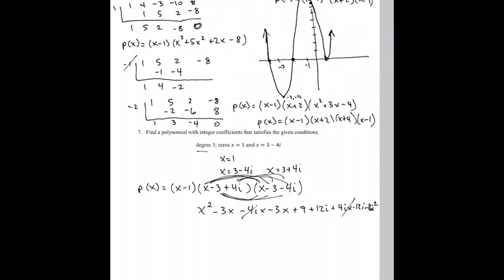So the negative 4ix, positive 4ix, 12i, negative 12i cancel. And we talked about this also in class from section 3.5. i squared is negative 1, and negative 1 times negative 16 is positive 16. So combining like terms, we have x squared minus 6x plus 25.